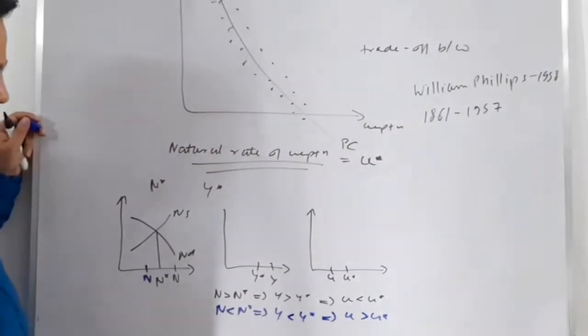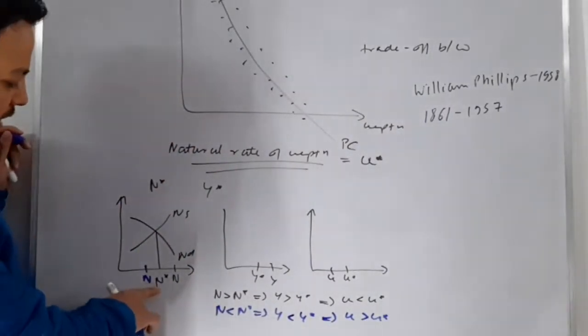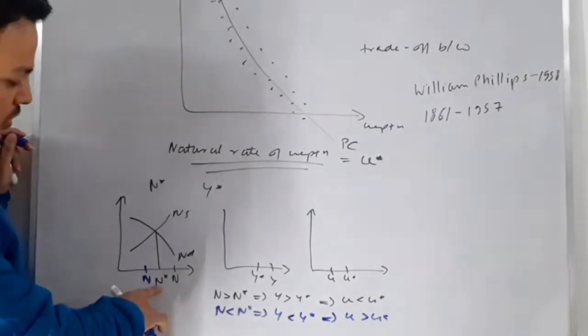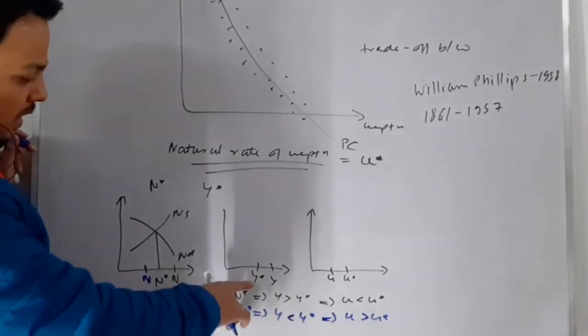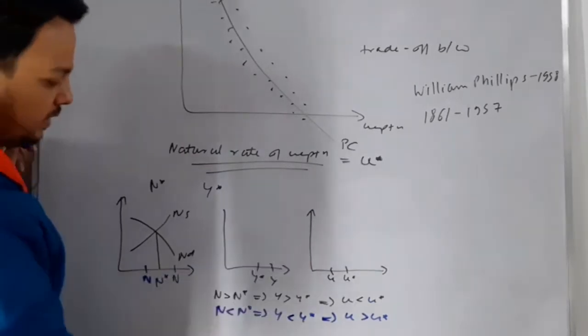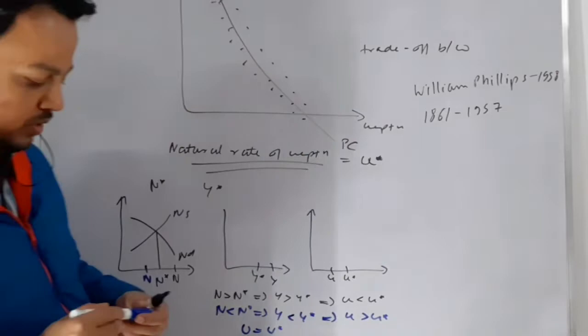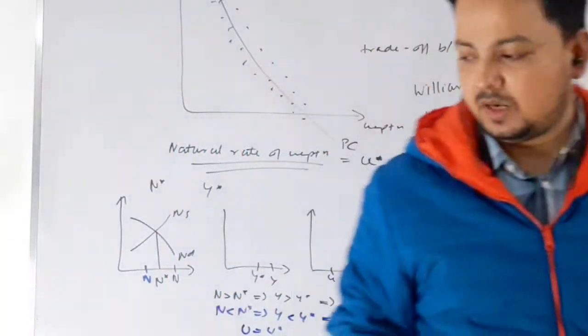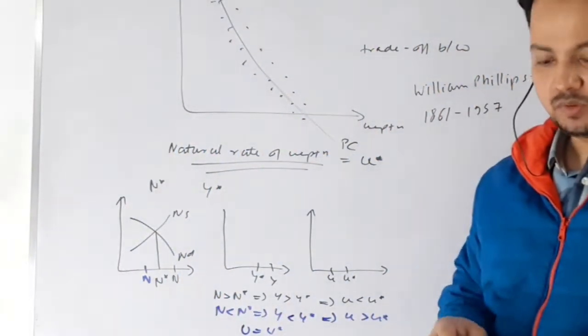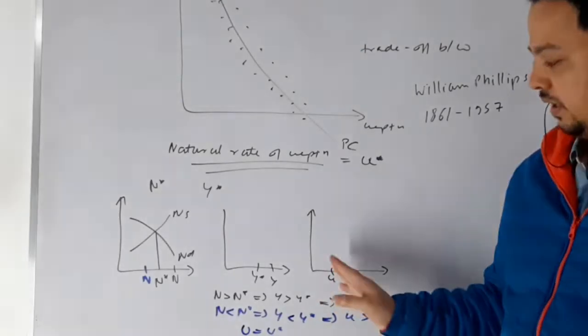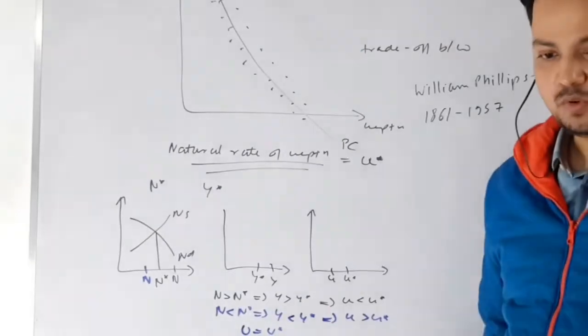It is only when N equals N star, actual employment equals full employment of the labor force, and Y equals Y star, that we get U equals U star. Actual unemployment is equal to your natural rate of unemployment. This is the steady rate of unemployment that we require in order for the economy to achieve the full employment level of output.